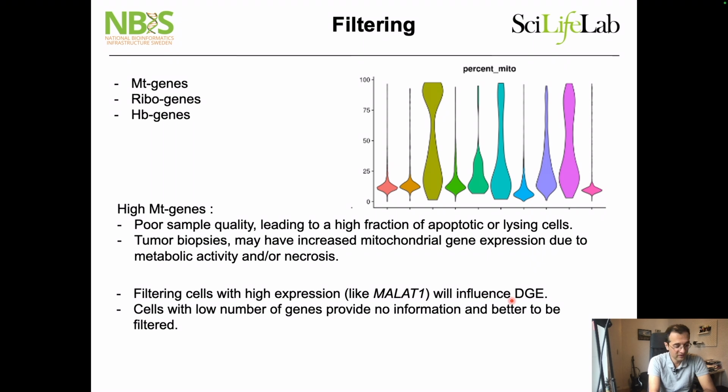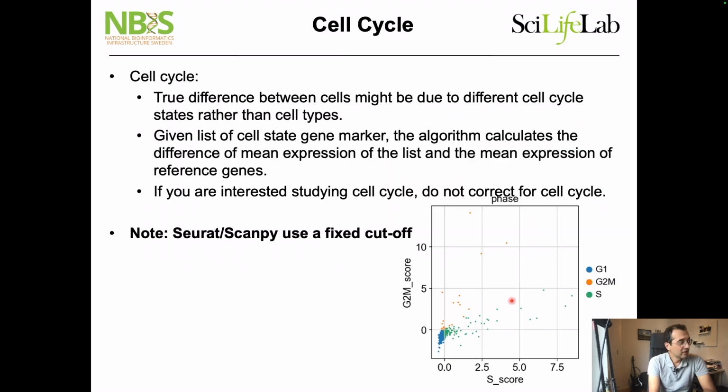have many genes expressed. Cell cycle is also another metric that you can look into, because sometimes what you see may not be due to true differences between cells, but can be affected by cell cycle states. And you can calculate the states of the cell in the cell cycle by using a gene marker list, which is already implemented in ScanPy and Seurat, and it gives you a score.